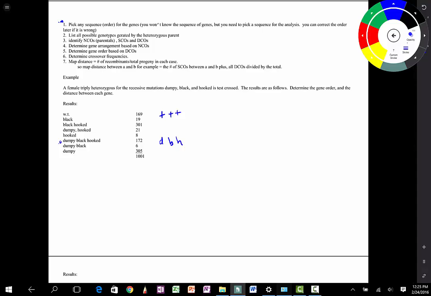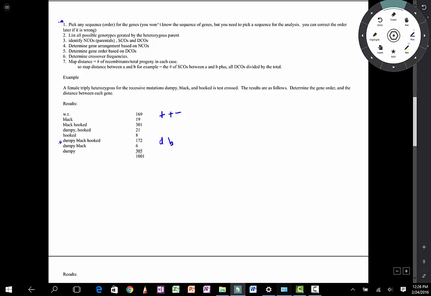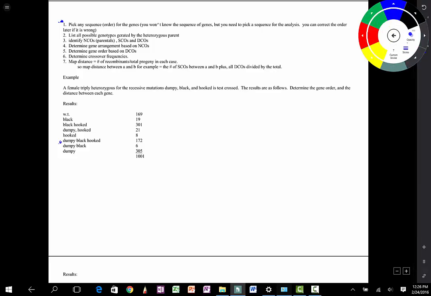So we're gonna have to make these a little bit bigger. So what I'm gonna do, I'll write them down here, and we'll put the numbers back in there. So we got plus plus plus is 169.